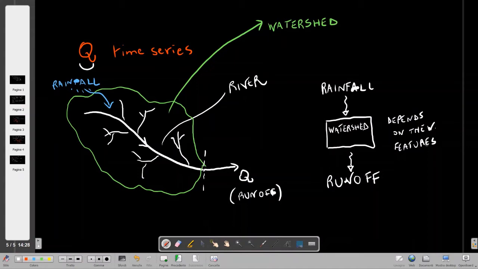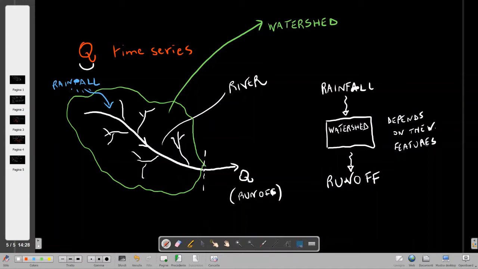When instead the watershed is made of a large portion of natural land, a large portion of the rainfall infiltrates into the soil, and then only a small portion of the rainfall is transformed into runoff.